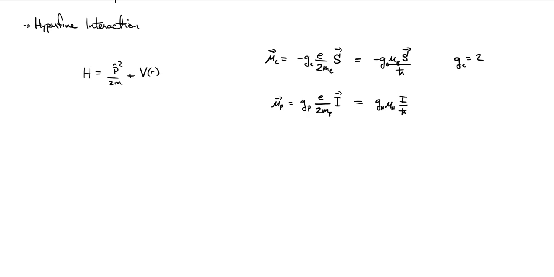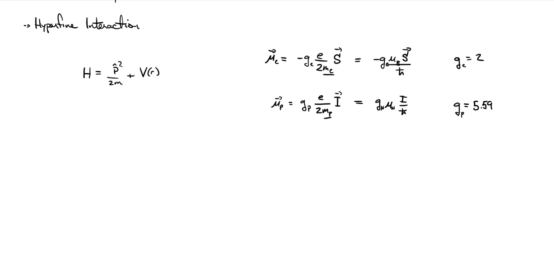I've gotten sloppy here with p's and n's, but the g factor is about 5.59. Also note one of the major differences here is the mass: the proton is thousands of times heavier than the electron, so the magnetic moment of the nucleus, or the proton, is much smaller.